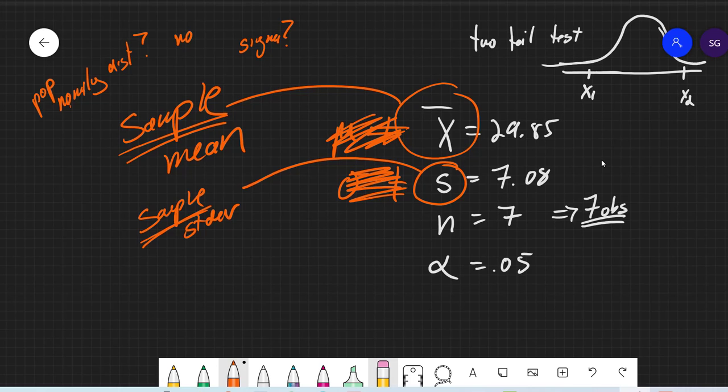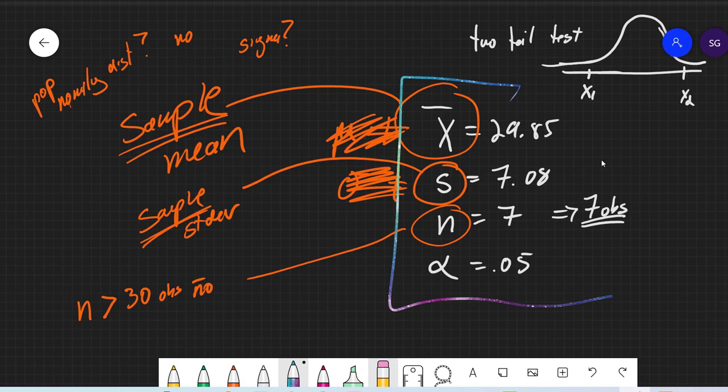Number 3 is n, or the number of samples, bigger than 30 observations? In this case, the answer is no. No, it is not. We only have 7. So immediately, you should realize that all of the information in this set comes from a sample.